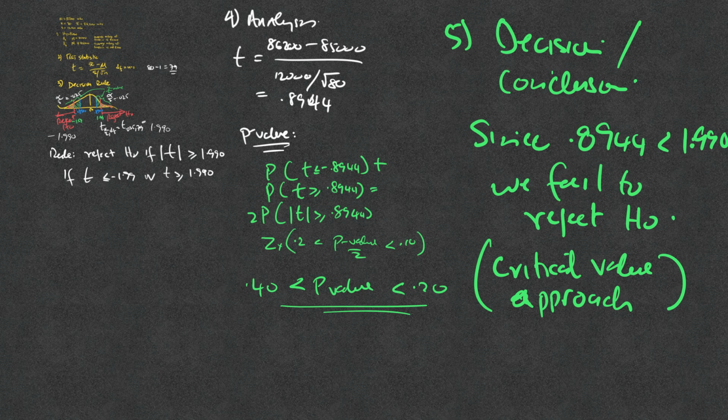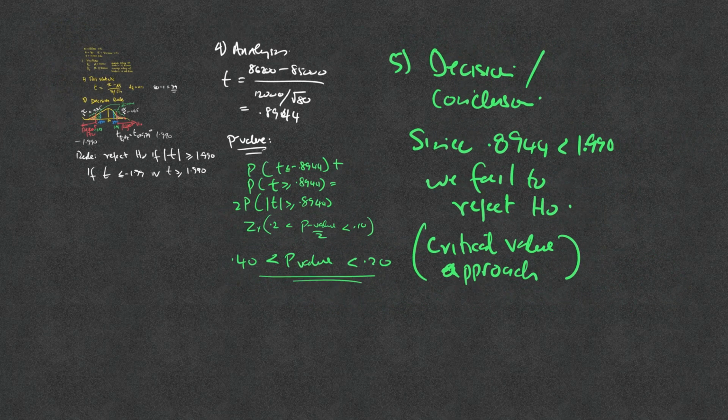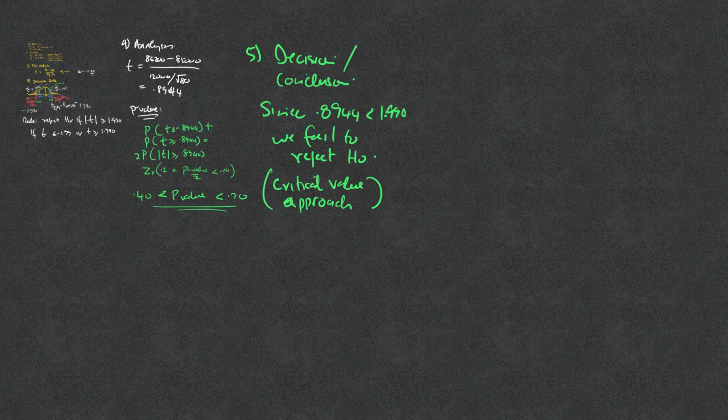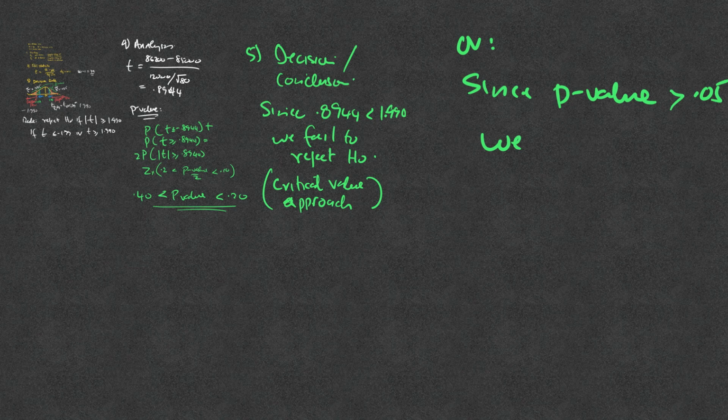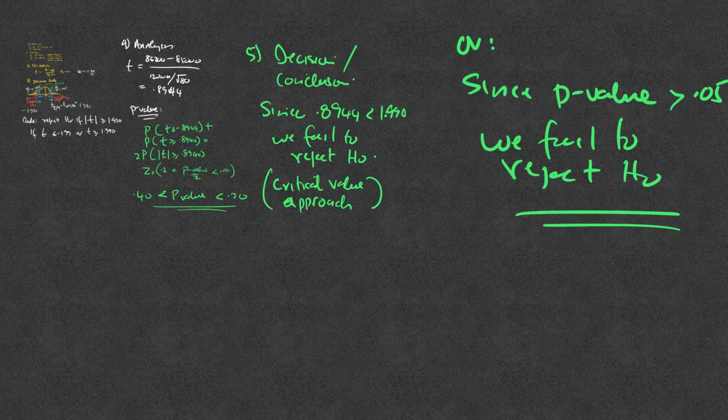If we're doing the p-value approach, we could say, since the p-value is greater than 0.05, we fail to reject H0. Okay? We fail to reject H0.